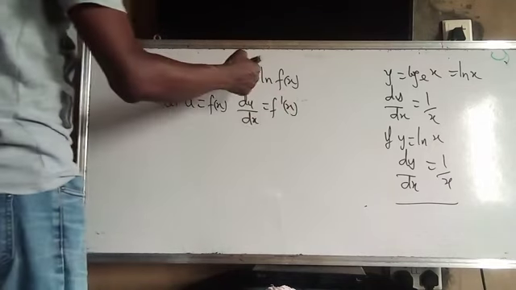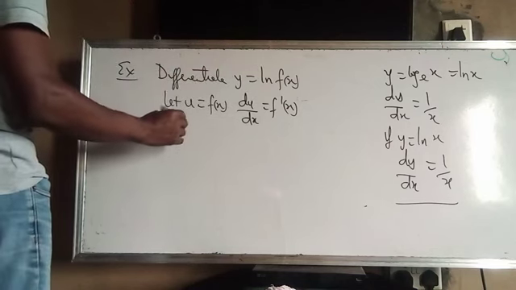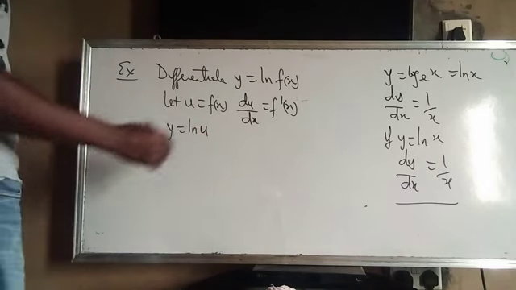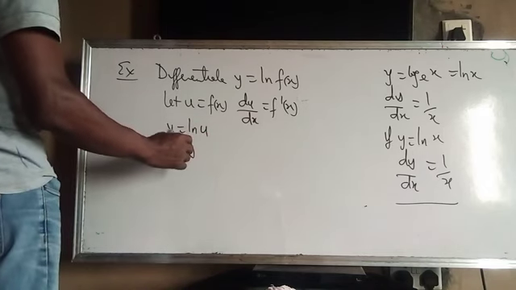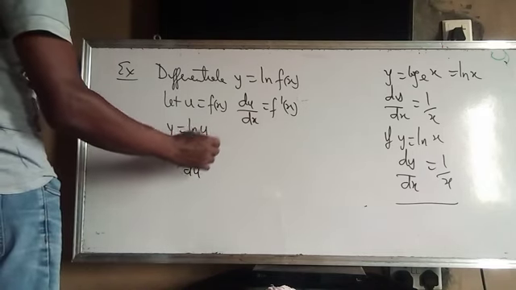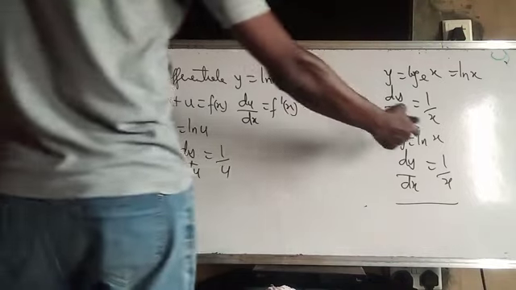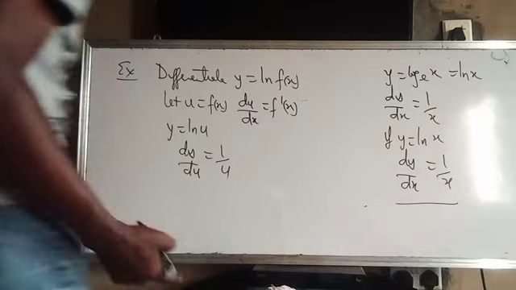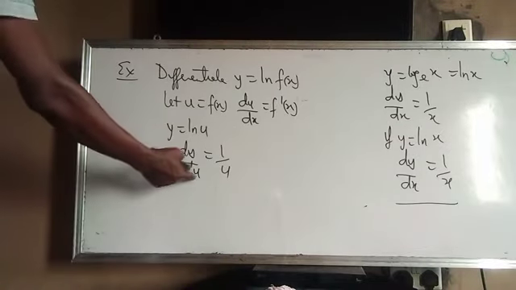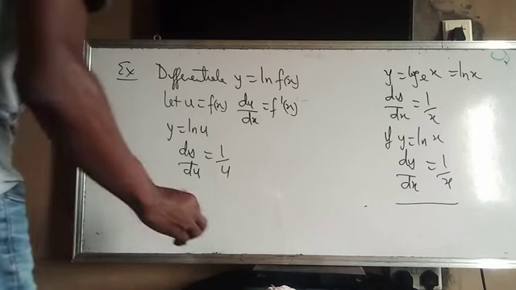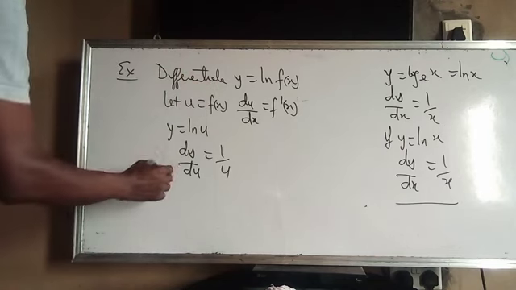Okay. And so y now becomes ln u. So dy/du will be 1 over u. When y is equals to ln x, dy/dx was 1 over x. So when y is now equals to ln u, dy/du will be 1 over u. Very straightforward.